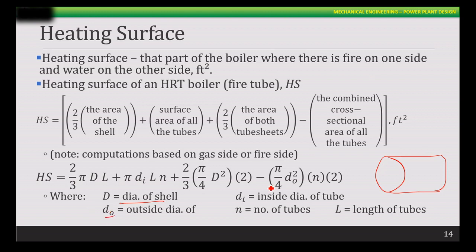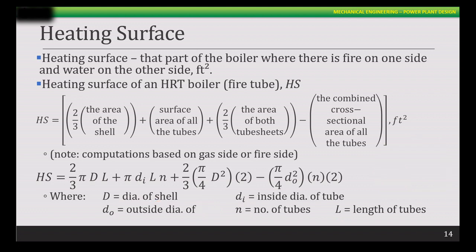D sub O is the outside diameter of the tubes. Then D sub I is the inside diameter of the tube, and then N is the number of tubes, and L is the length of the tube. So the length of the tube is the same as the length of the shell.